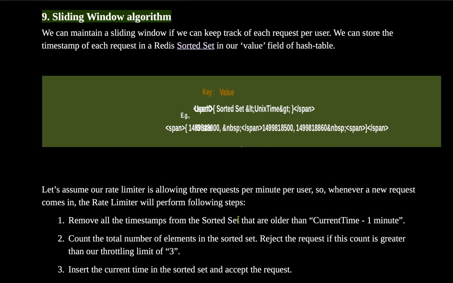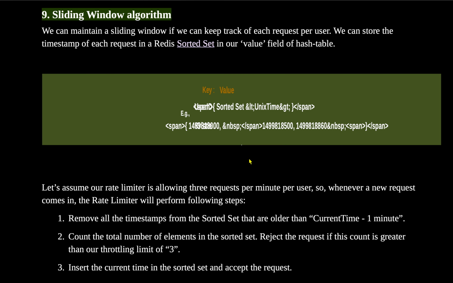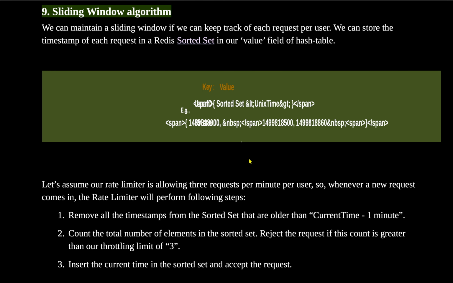We can maintain a sliding window if we can keep track of each request per user. We can store the timestamp of each request in Redis as a sorted set. The sorted set is a concept of Redis in our value field of the hash table.